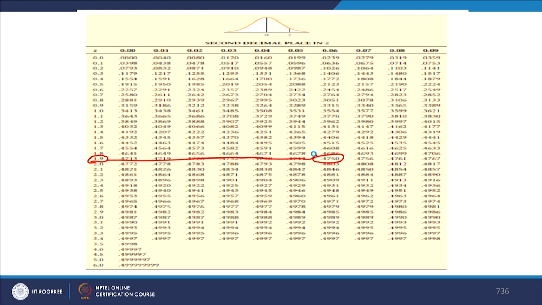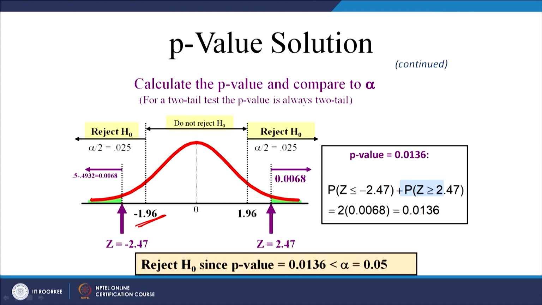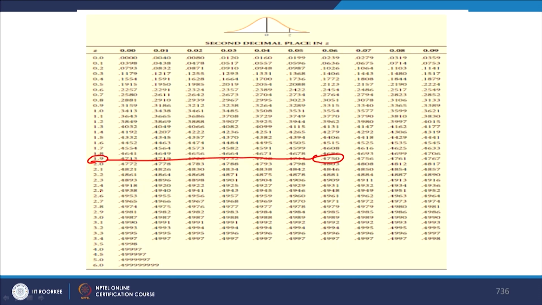So, we are interested in this area, right. This is 0.49, no, that is not the value. In fact, let us look at z is 2.47, 2.4 and 7 is 0.4932, right.